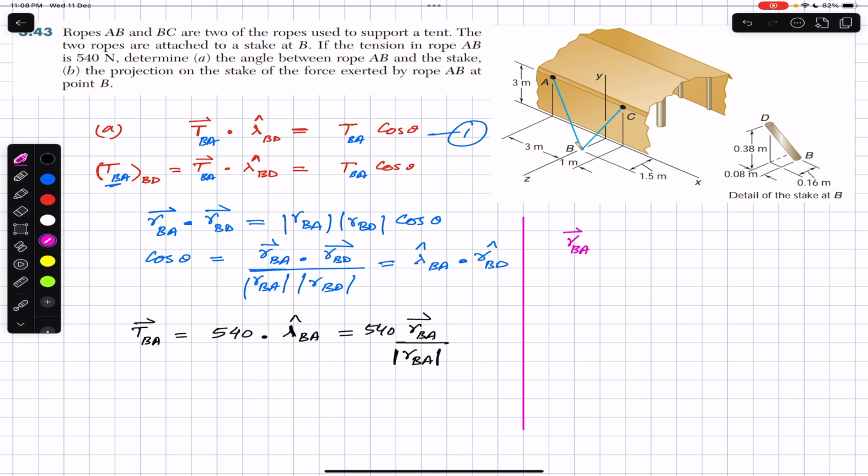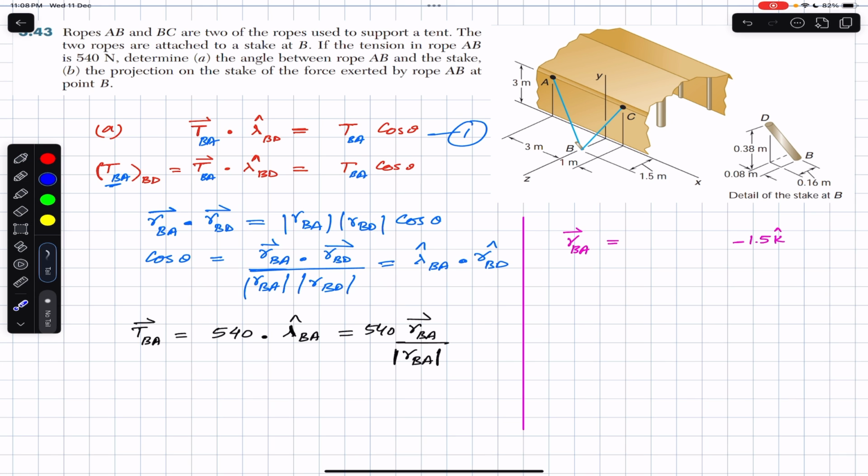Again, what we need to do is travel from B along the x, y, and z directions to reach point A. So from B we travel this distance in the negative z. This distance is 1.5, so in the negative k, we need to travel 1.5 meters. So we have reached here.